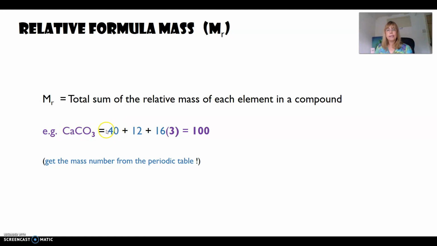I've got 1 atom of calcium, so it's 40, plus the relative mass of carbon is 12 on my periodic table, and the relative mass of oxygen is 16, but I've got 3 atoms of oxygen, so it's 16 times 3, which gives me 100. So you see why the previous video was useful. Lots of people go, oh, I don't know what to do, because they forget that it's all on your periodic table. Okay?